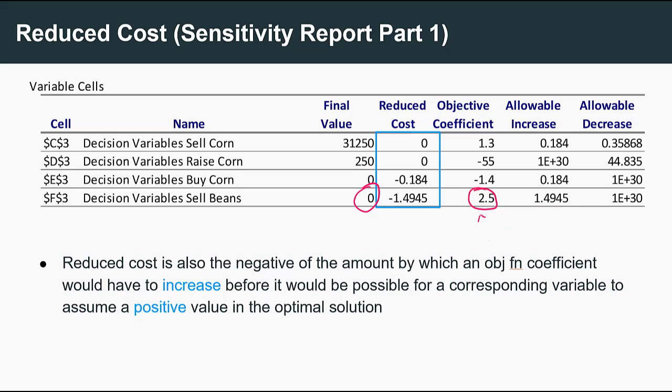However, if you increase this by, let's say, 2, which is greater than 1.4945, so the new price is 4.5, then this value will be positive. It will not be 0 anymore. So that's the reduced cost linkage with the allowable increase for those variables.